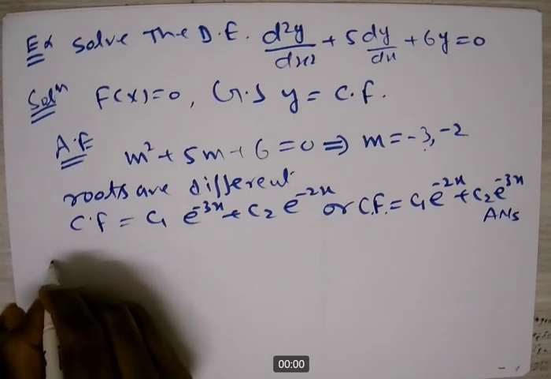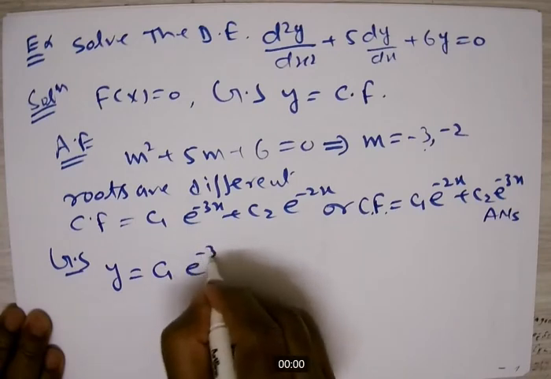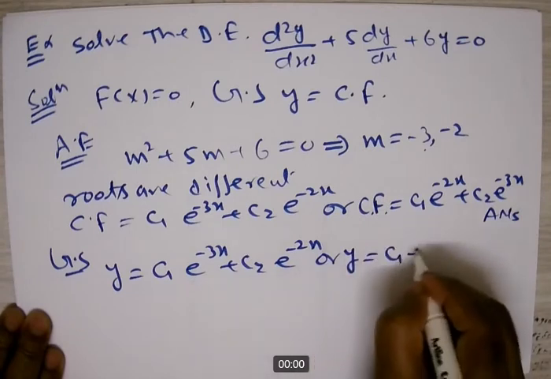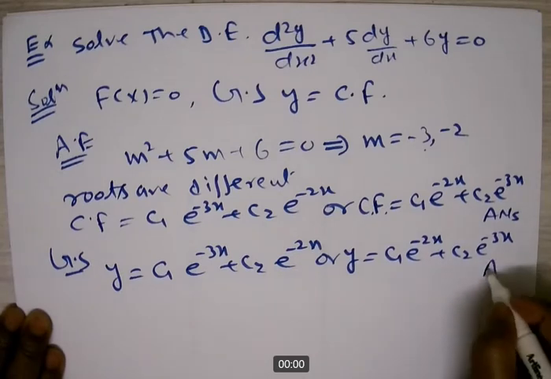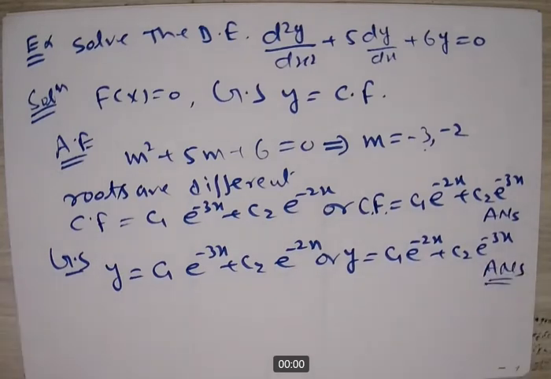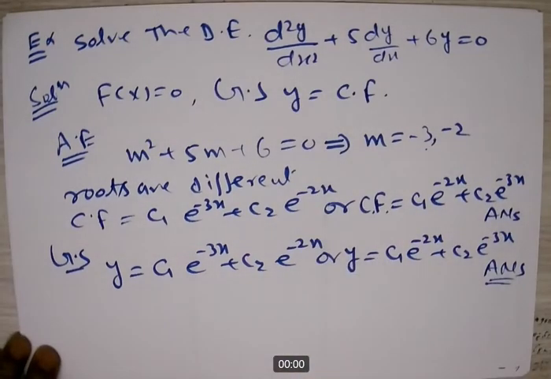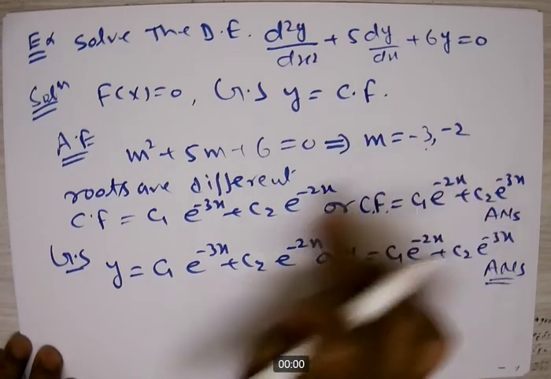So the general solution is y equal to c1 e power minus 3x plus c2 e power minus 2x, or y equal to c1 e power minus 2x plus c2 e power minus 3x. This is the general solution of that type of question. When the differential equation is given in this form, with f(x) equal to 0, you have to factorize it, and if the factors are different, the roots are different.